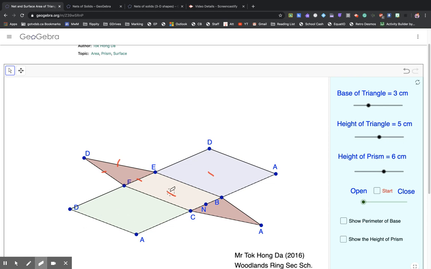If your triangle is scalene and none of these sides are equal, then none of these rectangles are going to be equal either. So when you're finding the areas, you'd have to find rectangle 1, rectangle 2, rectangle 3, add them up, add those to the areas of the 2 triangles, and you've got yourself the surface area of your triangular prism.